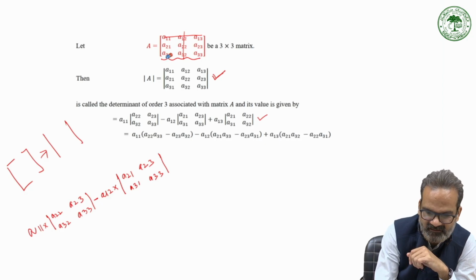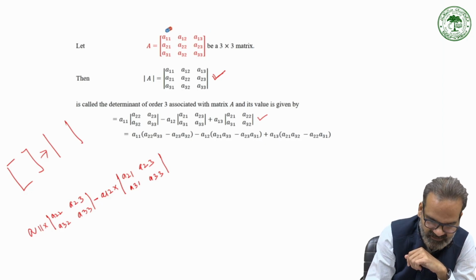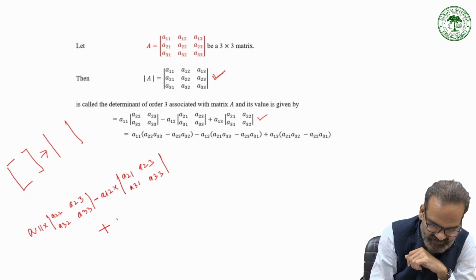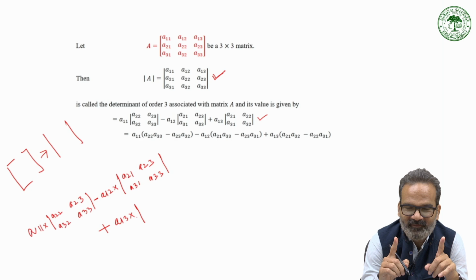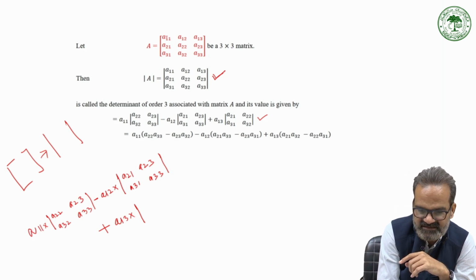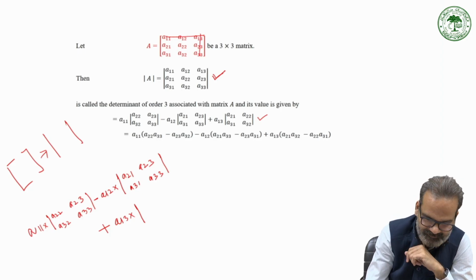Now what is the third? The third element is A13. Again we will use a plus sign, so A13 into. The same approach: delete the row and column in which A13 lies. A13 lies in the first row and third column. What is left?